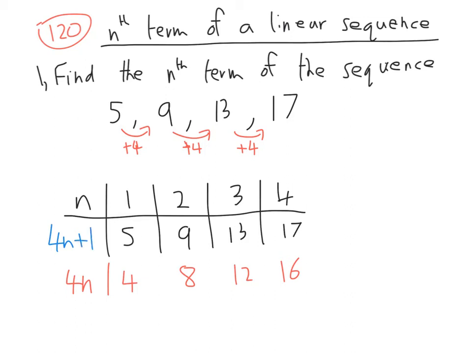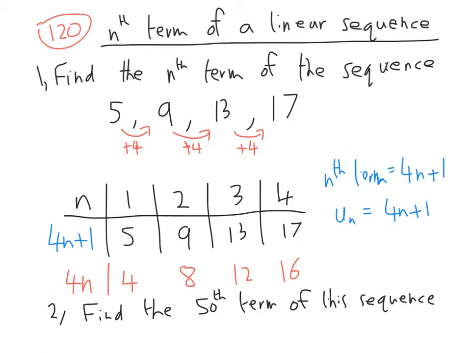It's 4n plus 1. So the nth term is equal to 4n plus 1. Sometimes, very rarely in GCSE, but at a higher level, we call the nth term un. That's also a way it can be written, just in case you see that somewhere.